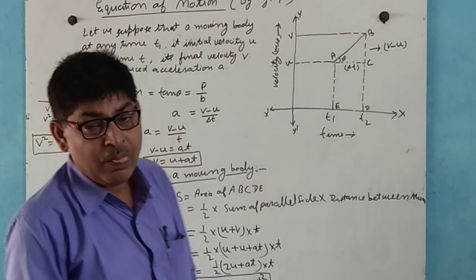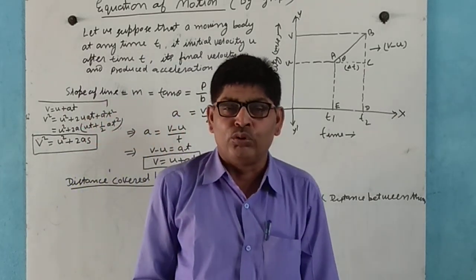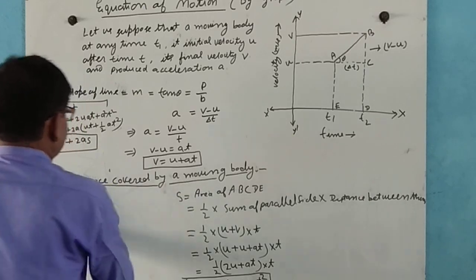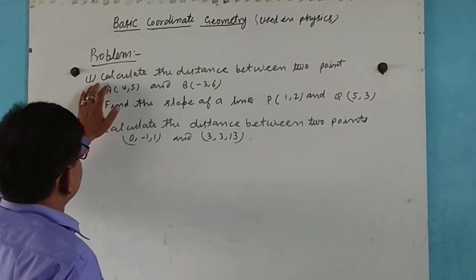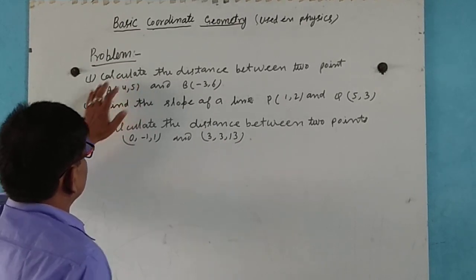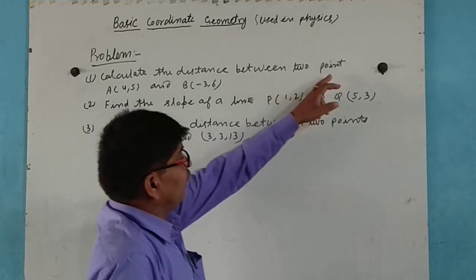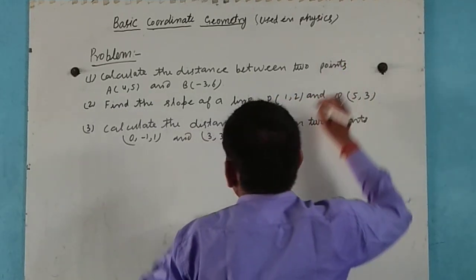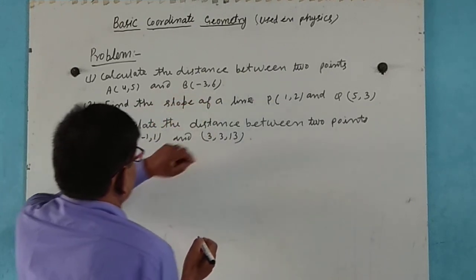Now we take some problems. First, calculate the distance between 2 points A (4, 5) and B (minus 3, 6).